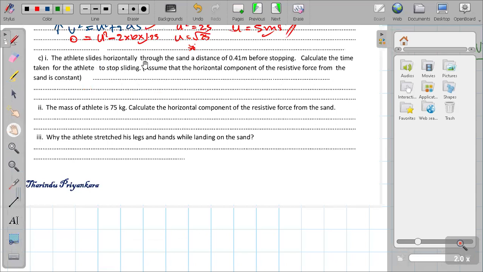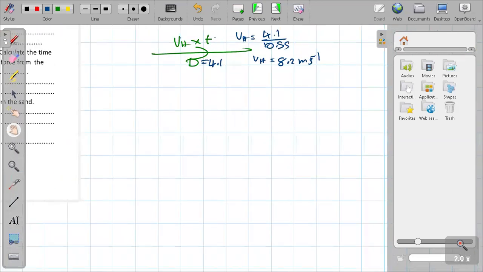Calculate the time taken for athlete to stop sliding. Assume that horizontal component of resistive force from the sand is constant. He slides, at the beginning he had the velocity of 8.2 ms minus 1.